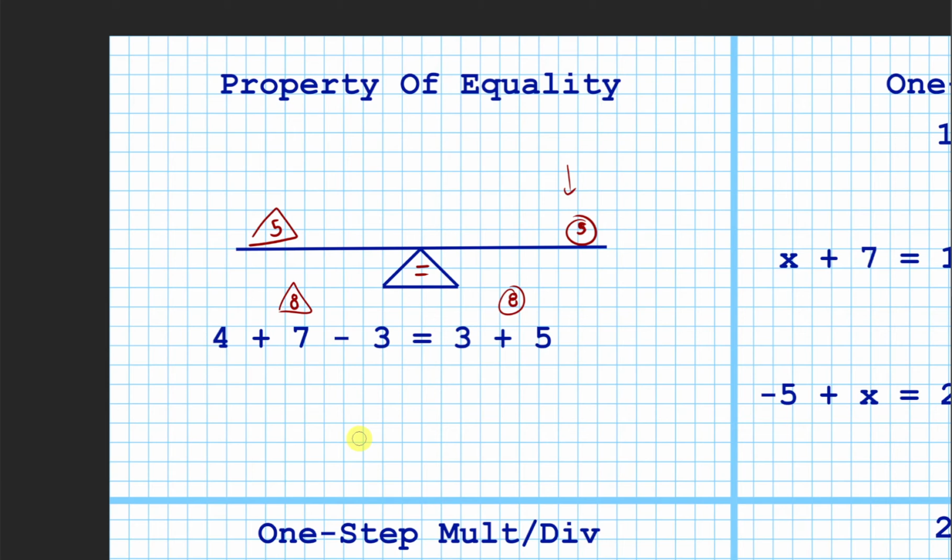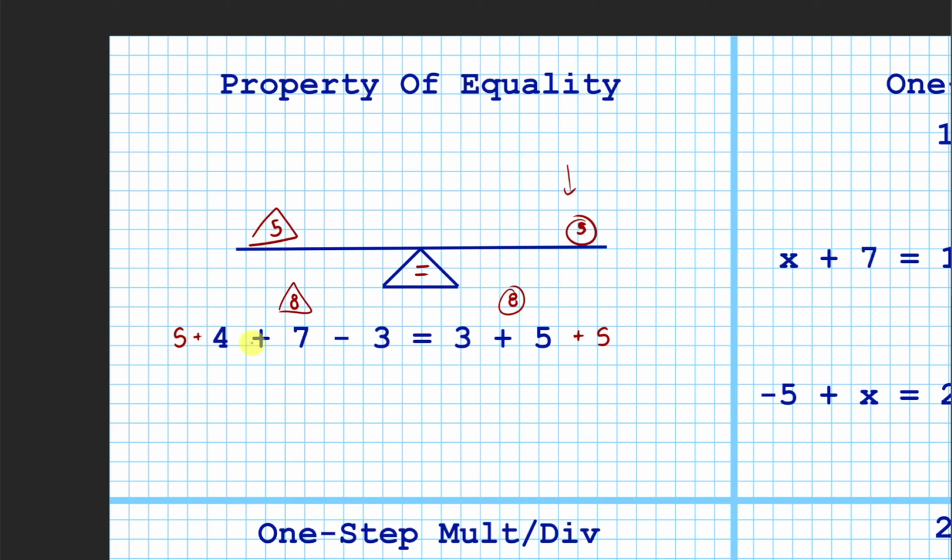So what's the property of equality? Well, the property of equality is simply what we were doing up here on this seesaw. Let's say I added 5 to this right-hand expression, 3 plus 5. Well, if I wanted to keep my seesaw balanced, if I'm adding 5 pounds to one side, I need to add 5 pounds to the other.